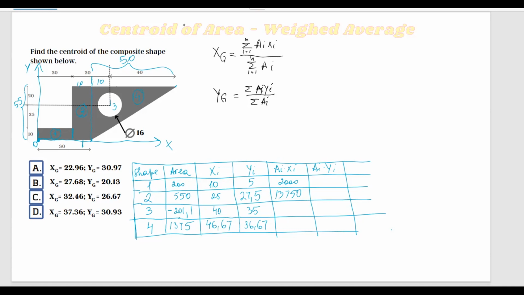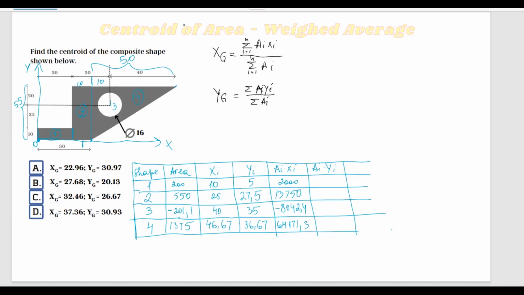That gives me an AiXi of minus 8,044.4. And now 1,375 multiplied by 46.67 gives me a value of 64,171.3.